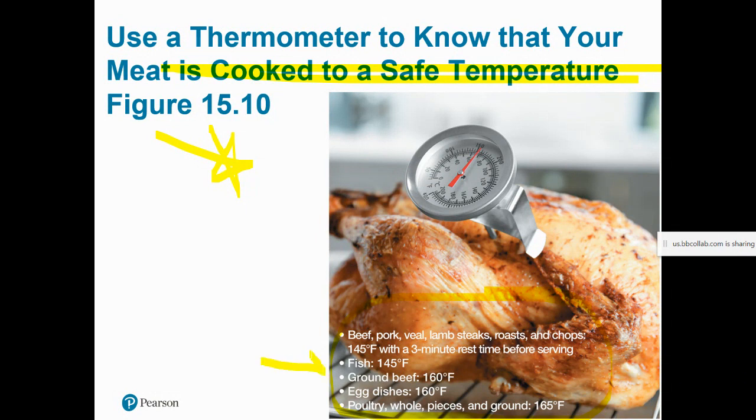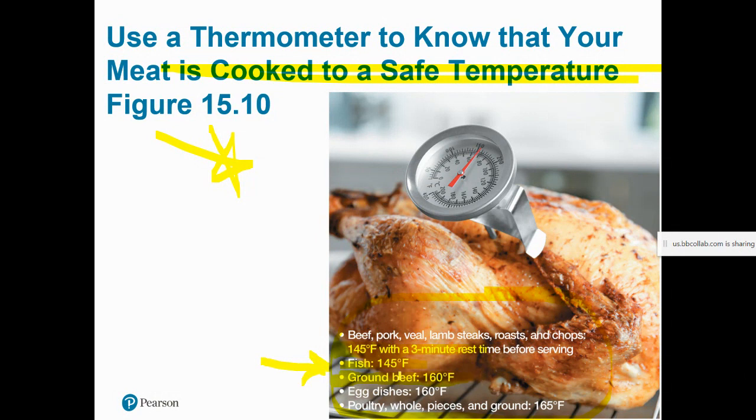You'll notice all these temperatures are above 140 degrees. With beef, pork, veal, lamb steaks, roast, and chops, it's 140 degrees with a 3-minute rest time before serving. Fish is 145. Ground beef is perhaps one of the most common opportunities for food contamination with beef or with cattle.